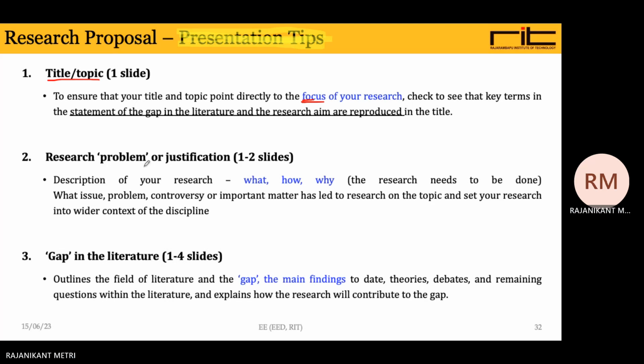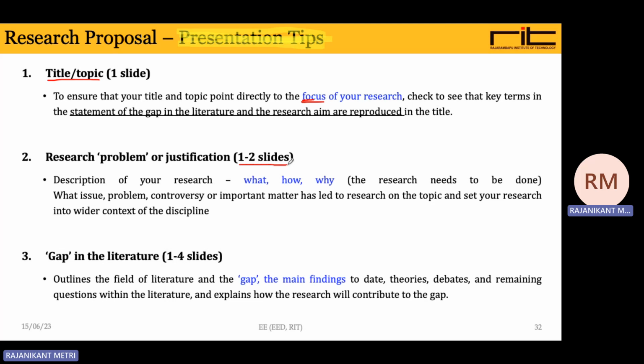Second, the next slides may be content slides, and after the contents, generally the introduction slide is there, and then the literature part or research problem part, and this comprises 1 to 2 slides.